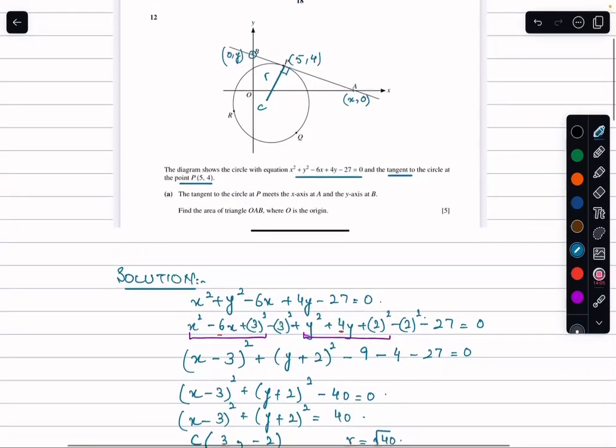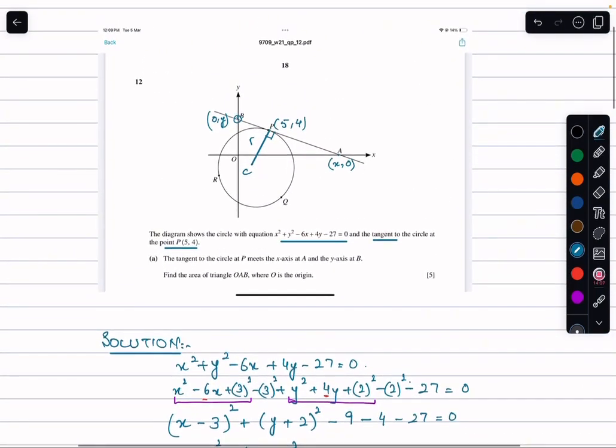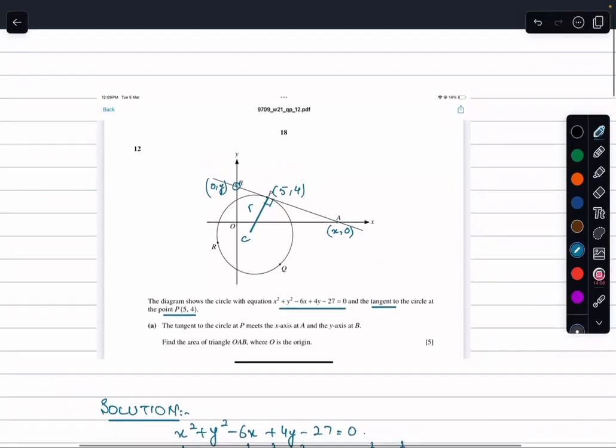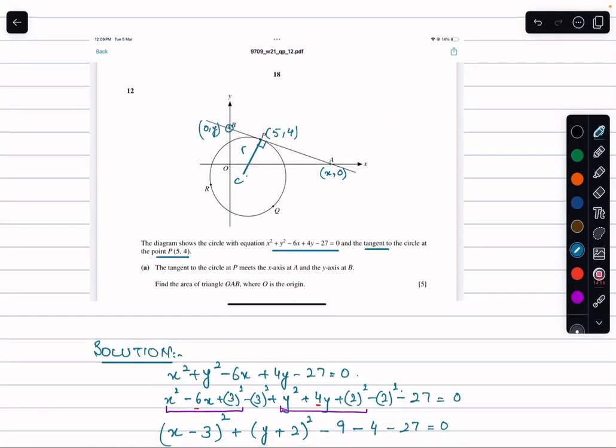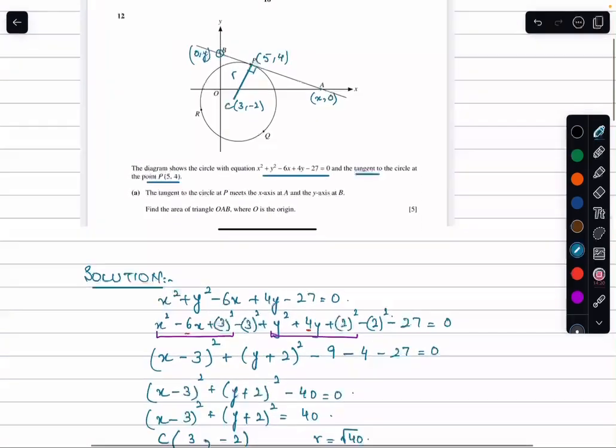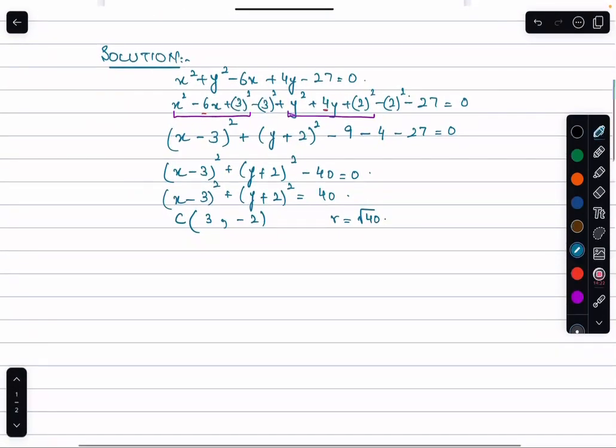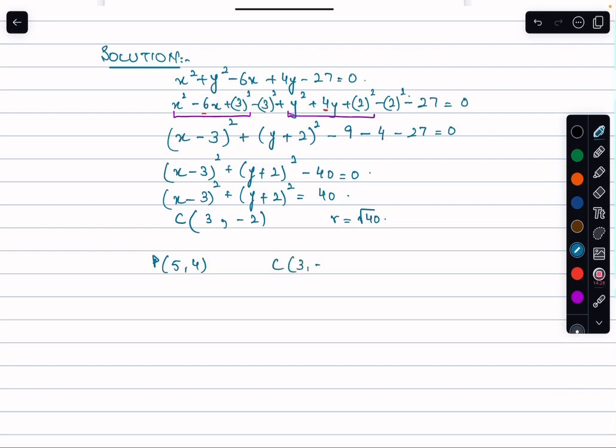So I have the center coordinates. Now I can see that my center coordinates are 3 and a negative 2. So I can get the gradient with P as 5 comma 4, and C as 3 comma negative 2.